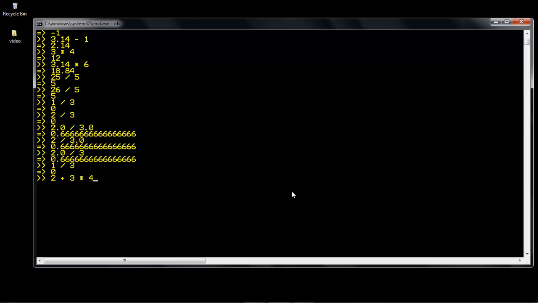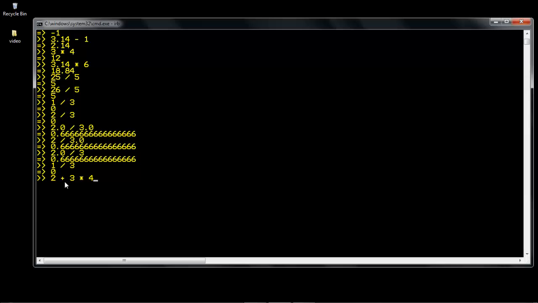And why is that the case? Because operators have precedence. The multiplication and division operators both have higher precedence than the addition and subtraction operators. And this is the same for programming. Operators have precedence. You can do a search for Ruby operator precedence and get a table which shows you the precedence or priority of the operators.